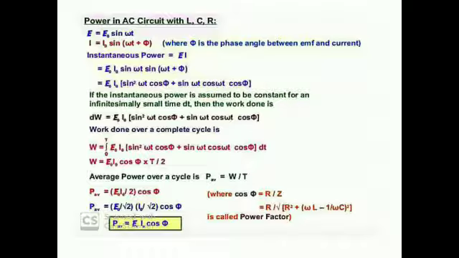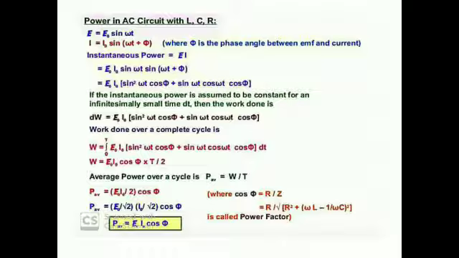Now integrating, you will get the work done over one complete cycle as E naught I naught cos phi into T by 2. Average power over a cycle P average is equal to W by T.